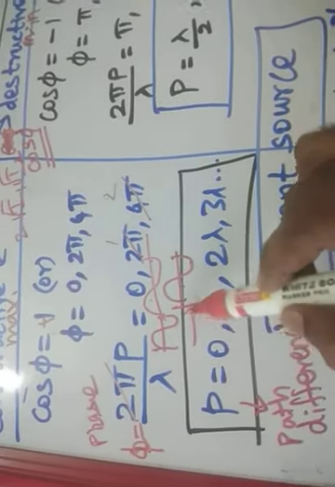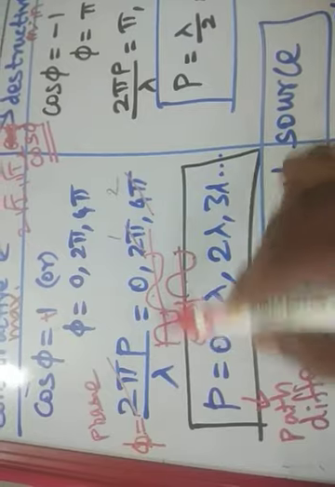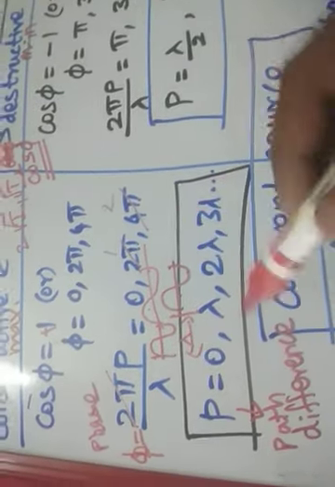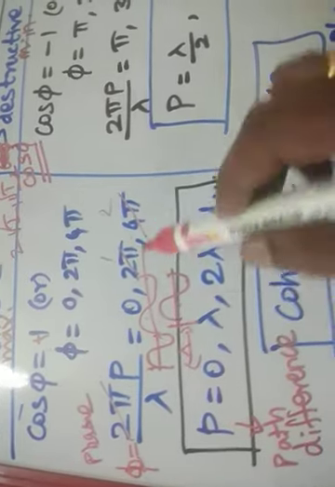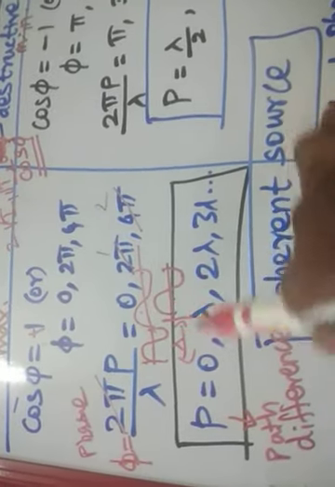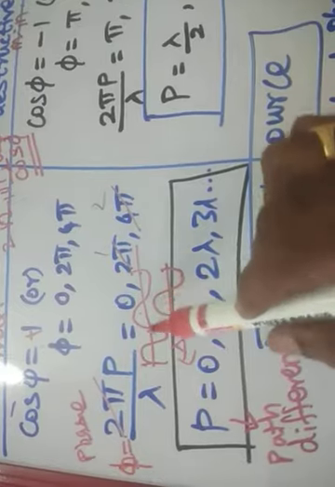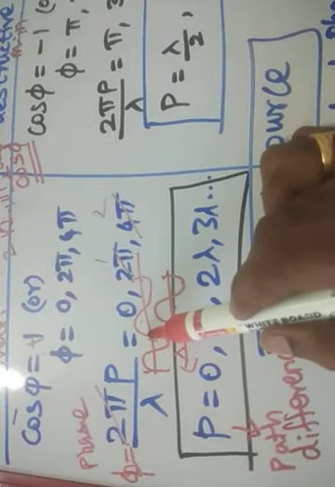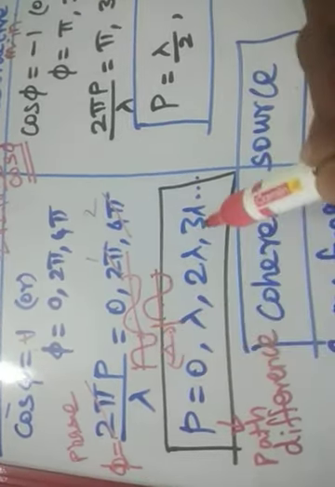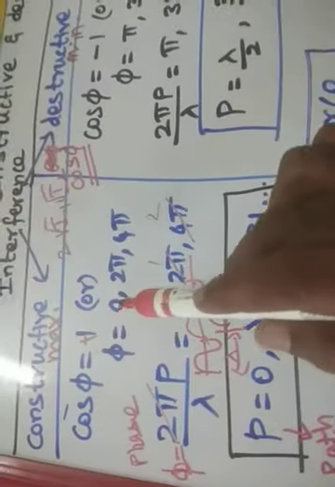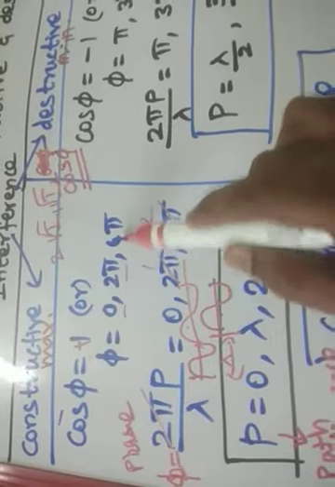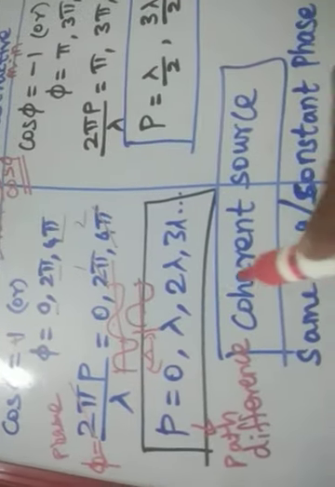What is the path difference? λ. The first wave is one λ ahead of the second wave. That is the path difference. What about the phase difference? The phase difference is 0 to 2π. It is a multiple of 2π. I hope you understand clearly.